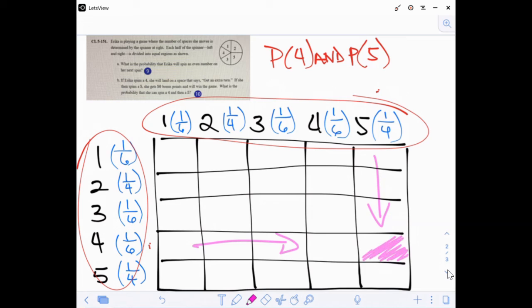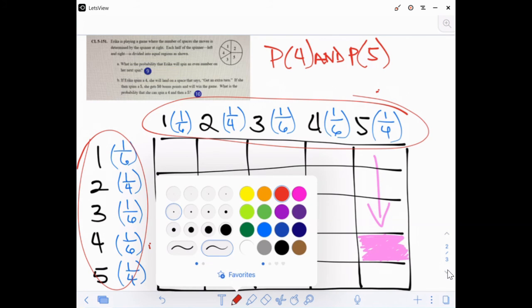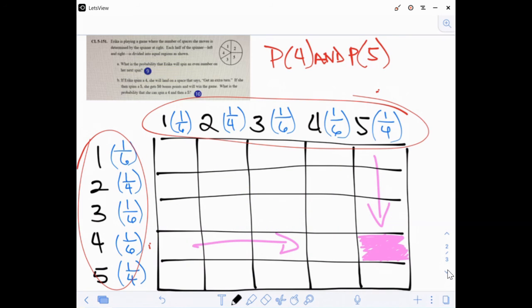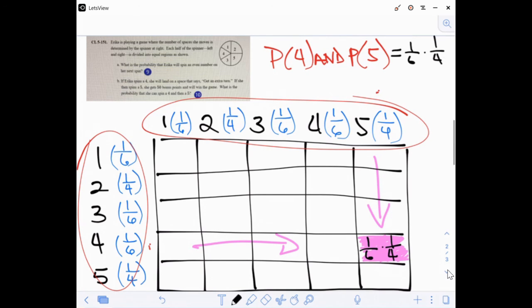That's what we want to figure out. We're going to go ahead and multiply those two together. That's 1/6 times 1/4. And 1/6 times 1/4 equals 1/24. So the probability of spinning a 4 and then a 5 is going to be 1/24.